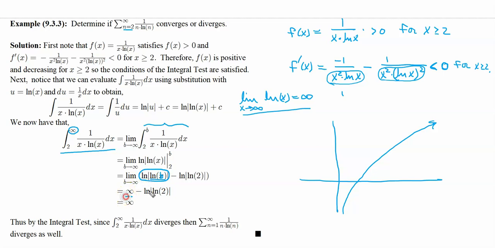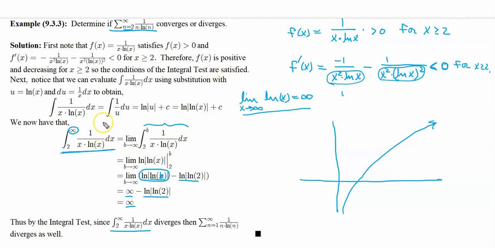This is just the natural log of the natural log of 2, whatever it is, just a number. So infinity minus a number is infinity. Okay, so this integral does not exist. And so by the integral test, since this integral diverges, the original series up here diverges as well. And there you go, that's how you use the integral test for this example.